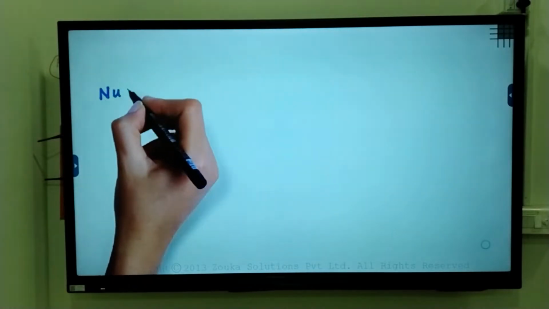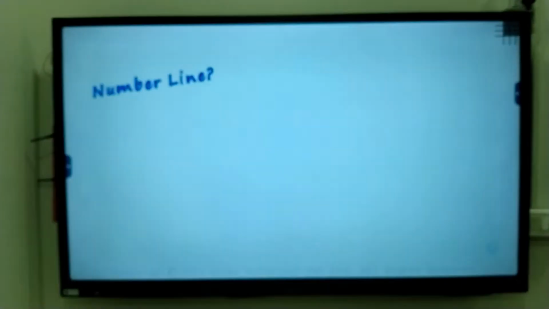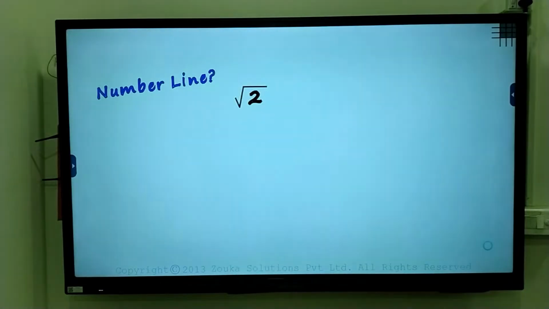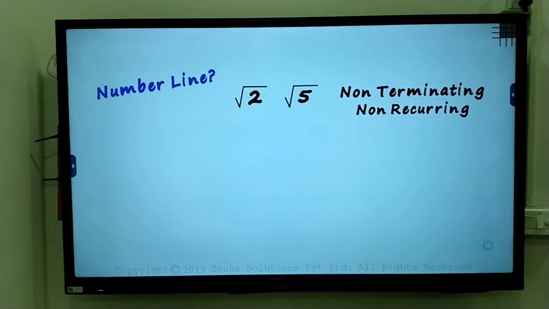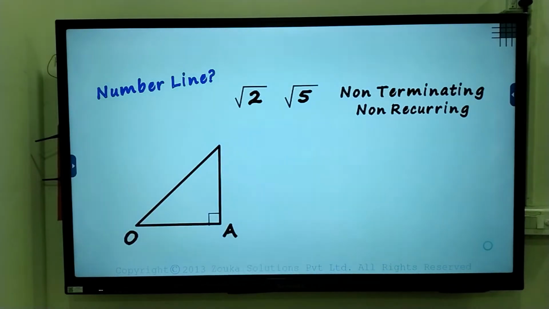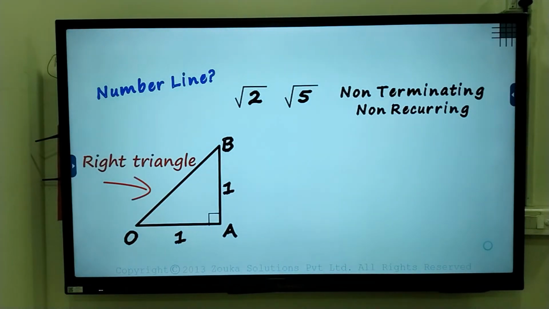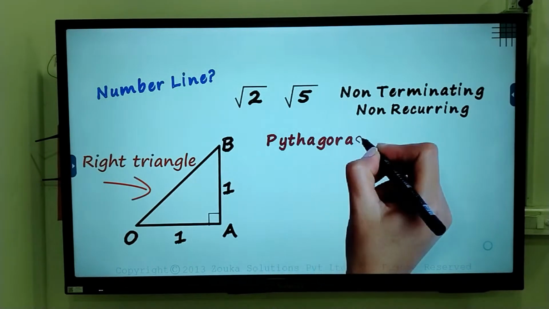How do we represent irrational numbers on a number line? Numbers like root 2, root 5 are non-terminating and non-recurring. It means that we cannot calculate their numerical value and plot it. It's not difficult at all if you understand just one simple concept. Consider a right triangle OAB. Let these two sides be equal to 1. Since this is a right triangle, we can use the Pythagoras theorem.